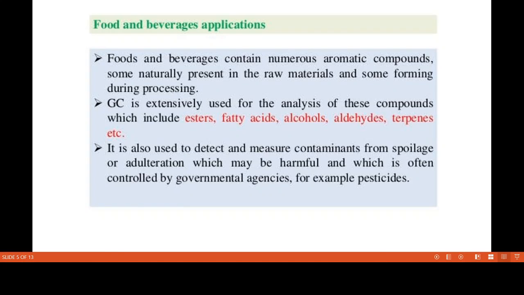GC is extensively used for the analysis of these compounds, which include esters, fatty acids, alcohols, aldehydes, terpenes, etc. It is also used to detect and measure contaminants from spoilage or adulteration which may be harmful and which are often controlled by governmental agencies, for example pesticides.